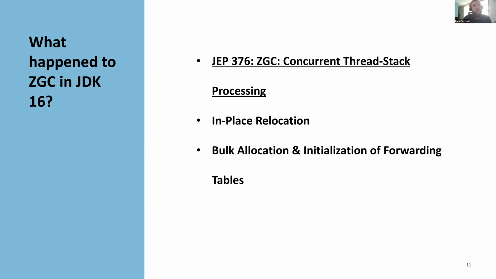ZGC needs some free region of the heap to actually perform the compaction, and there were some improvements in this area. However, concurrent thread stack processing and bulk allocation of forwarding tables were the main features that allowed ZGC to improve in JDK 16.